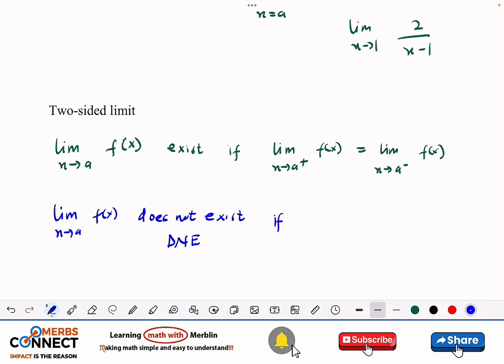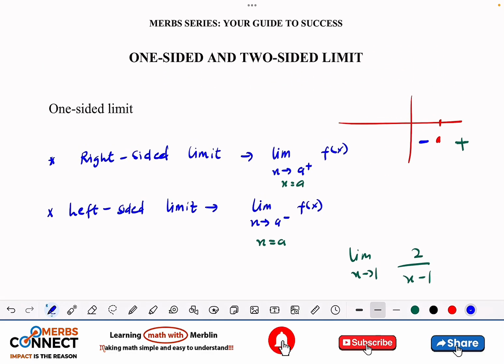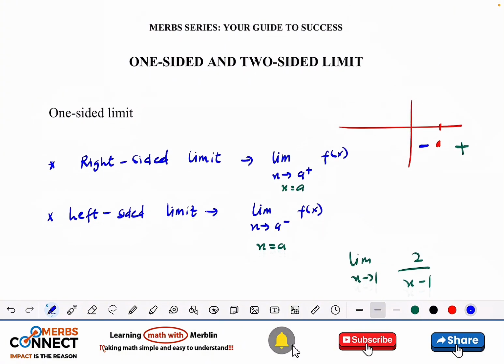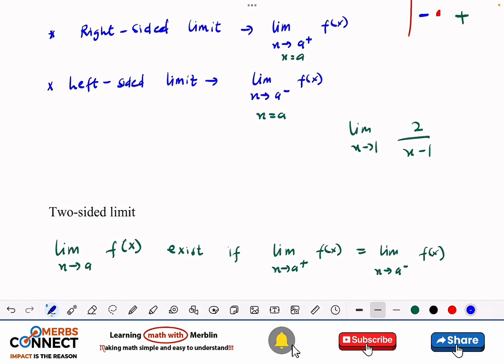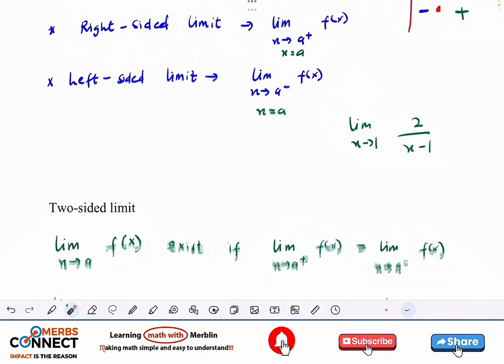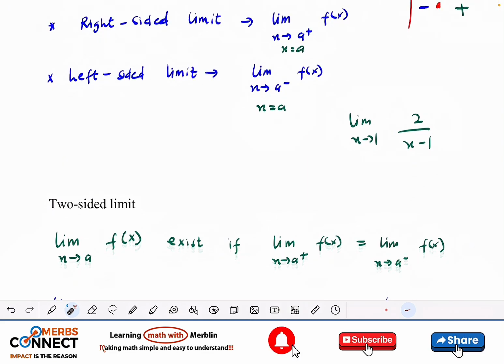This happens if the limit as x is approaching a from the positive of f of x is not the same as the limit as x is approaching a from the negative side of f of x. These are the things that we need to know under one-sided and two-sided limit. Two-sided depends on one-sided. A function like this is one of the types where we need to use one-sided limits: we cannot simplify it, and when we plug in, the denominator is 0. Then we need to think about one-sided and two-sided.